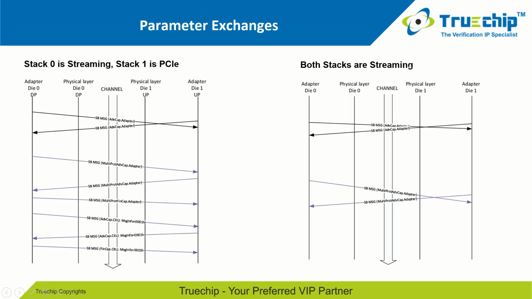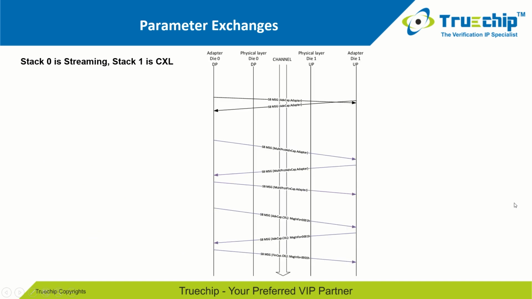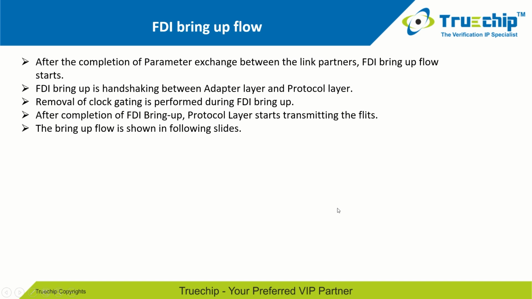Now stack 0 is streaming and stack 1 is PCIe, and if both stacks are streaming, then the messages will be transmitted this way. And if stack 0 is streaming and stack 1 is CXL, then adapter to adapter communication will happen this way.